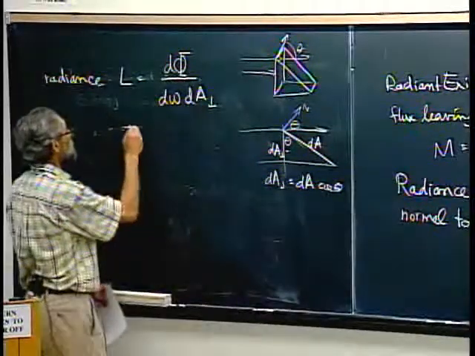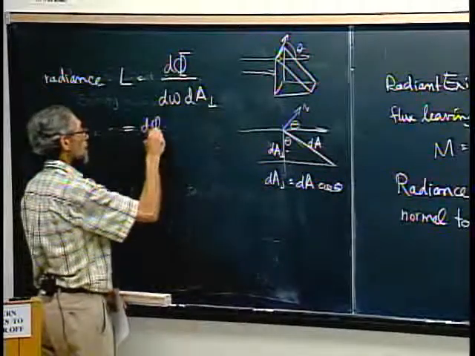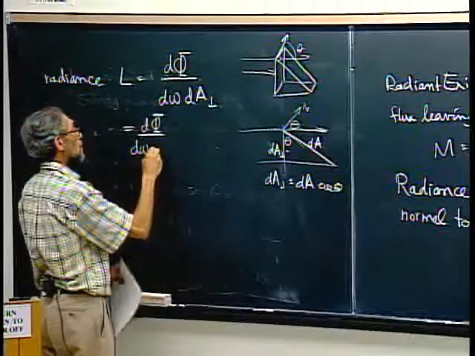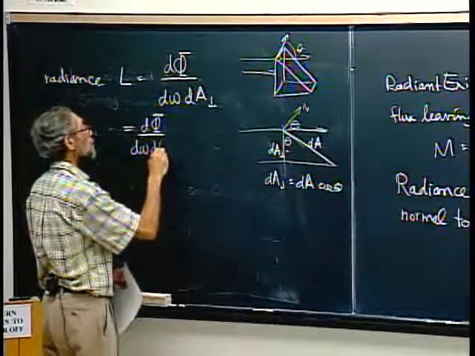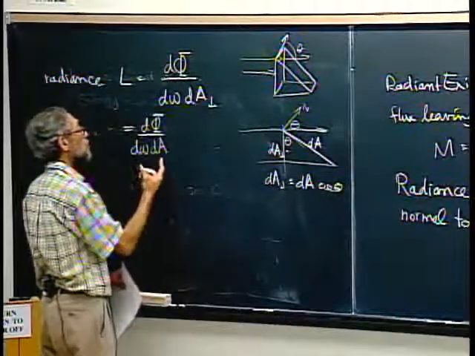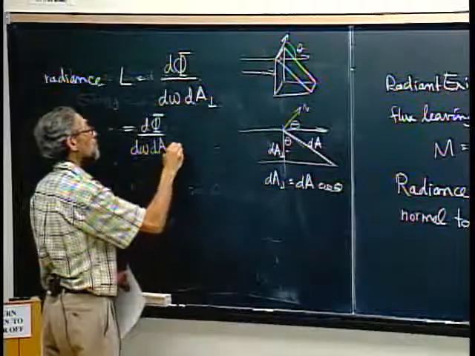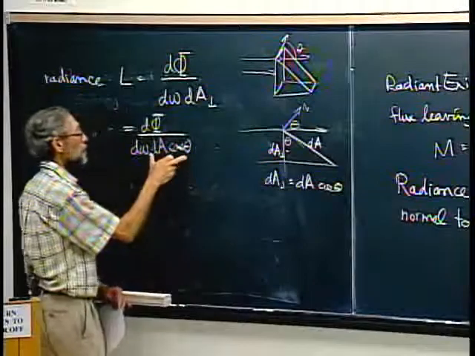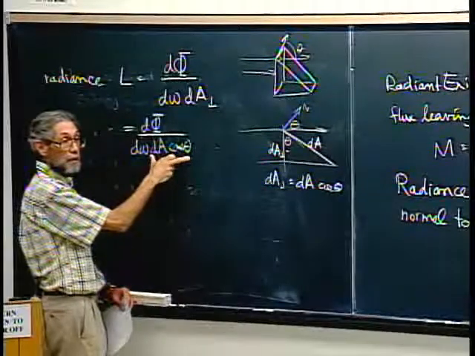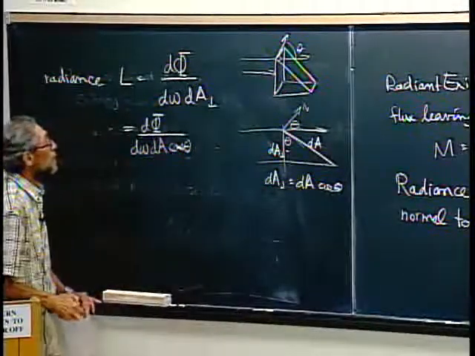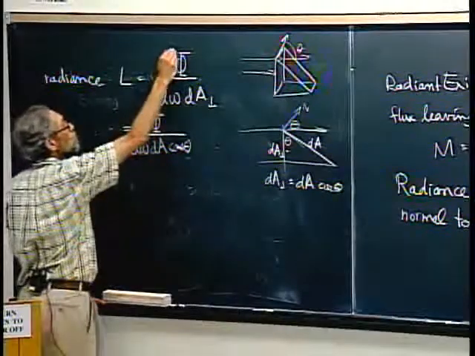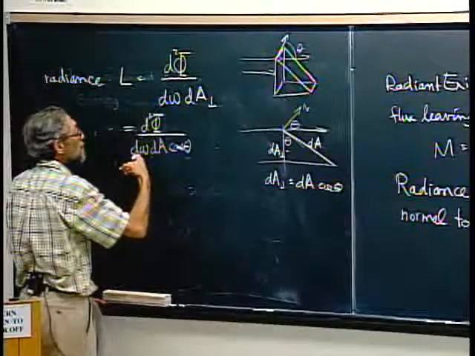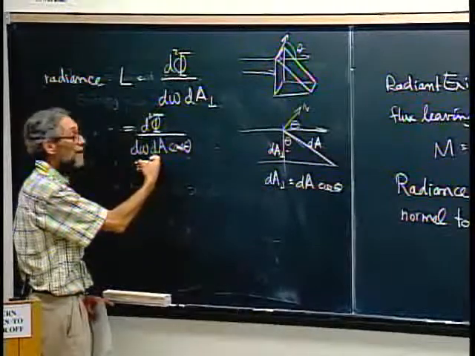So I can write this as the flux per unit solid angle, and then the area per unit area, but I have to multiply that area by cosine theta to get the unit area normal to the beam. And in the book, they put a d squared here because they say, well, it's a doubly small quantity if the solid angle is small and the area is small.